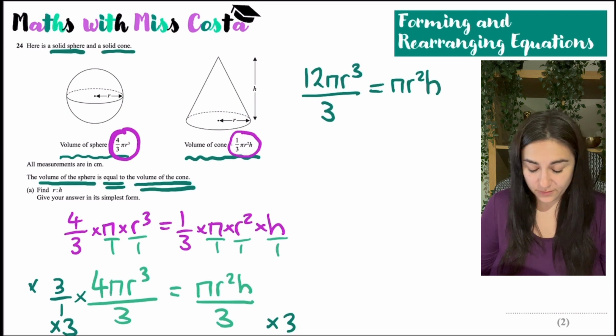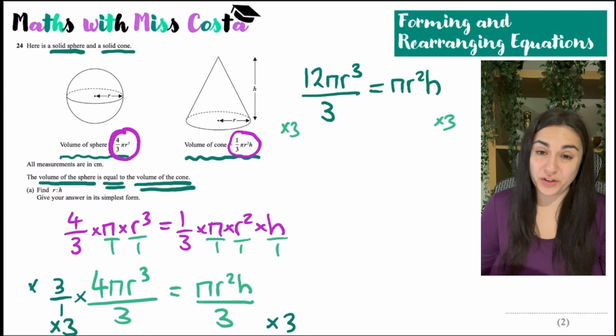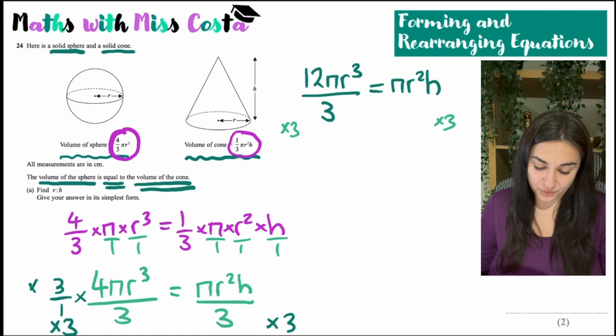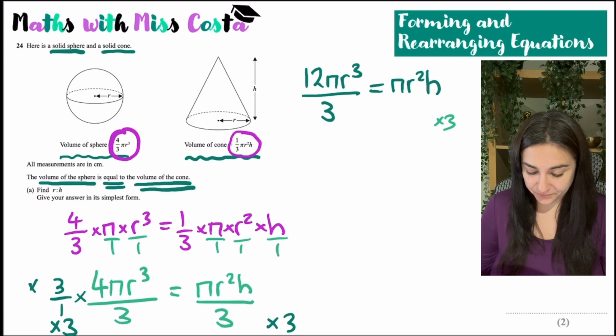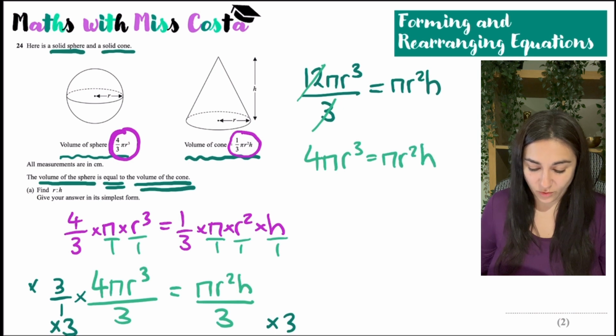What could I then do? I could multiply both sides by 3. Or you could have just divided, which would be easier. I think let's just divide, actually. So let's just simplify this fraction. 12 divided by 3 leaves me with 4 pi r cubed equals pi r squared h. What can I then do?